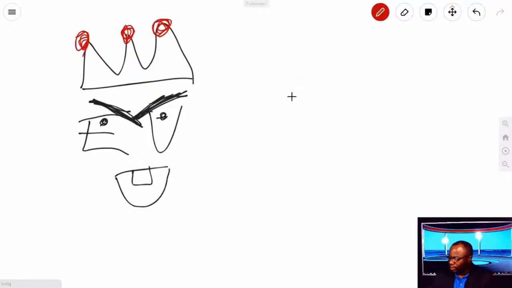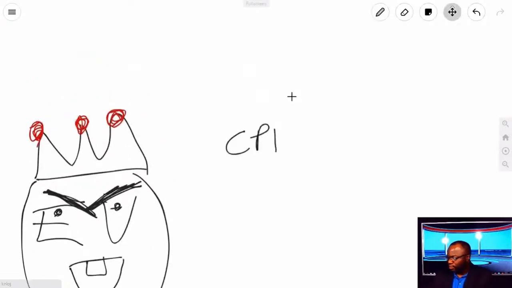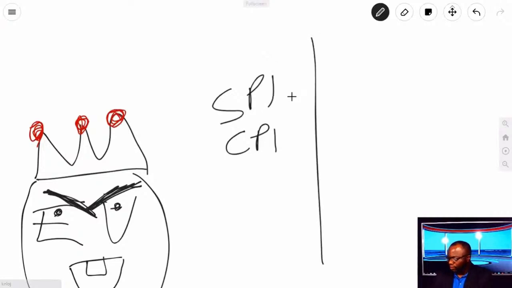So those are the rubies on the crown. It's got a big head. It's got quite an ego. Earned value has got ego issues. So let's take a look. We've got CPI, we've got SPI, we've got SV, and we've got CV.